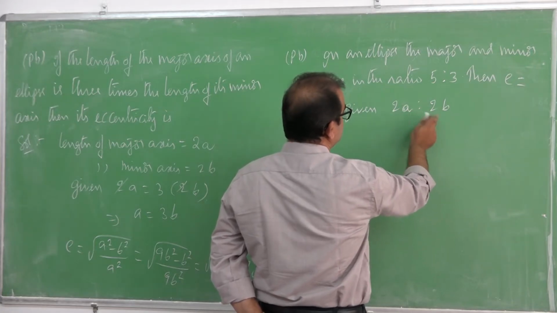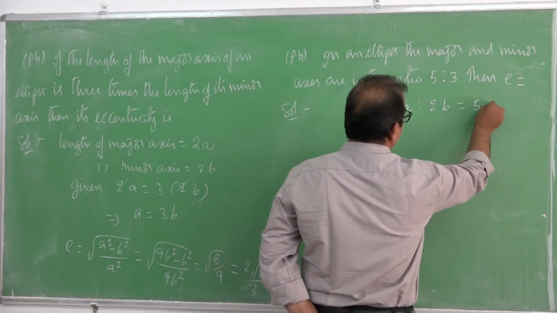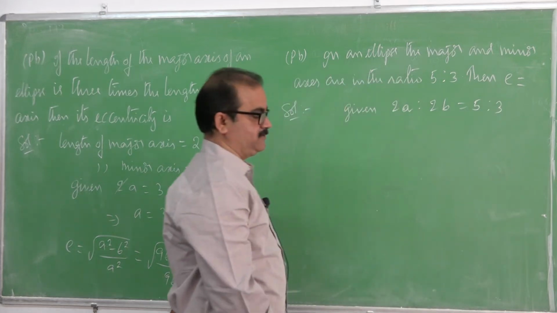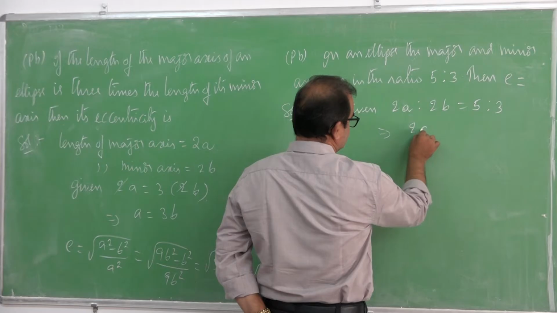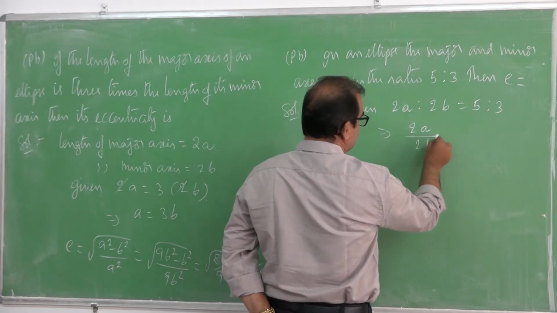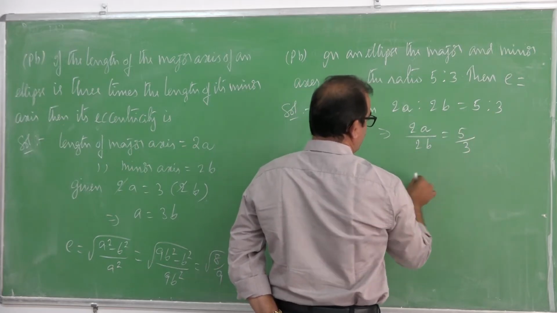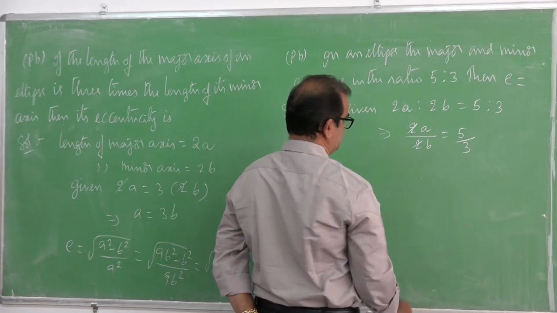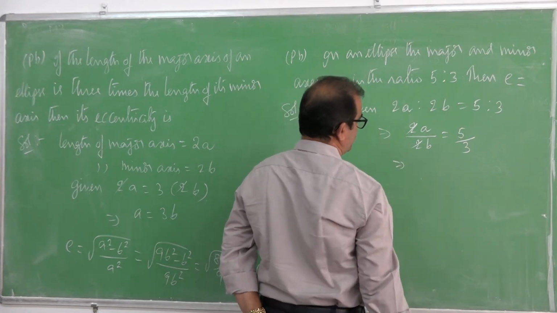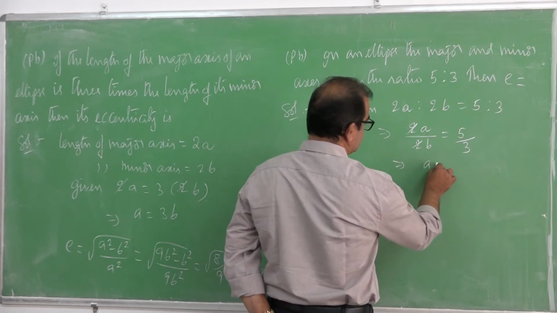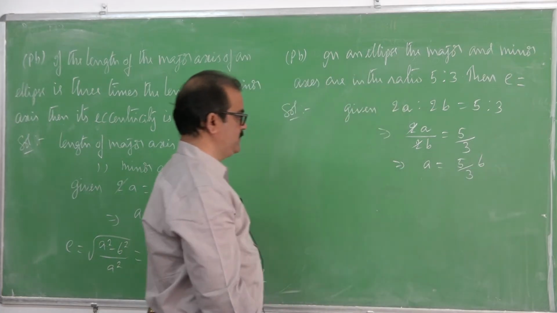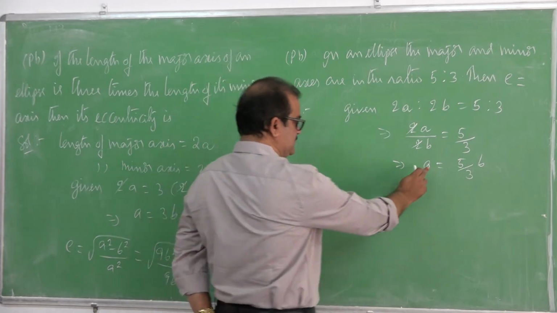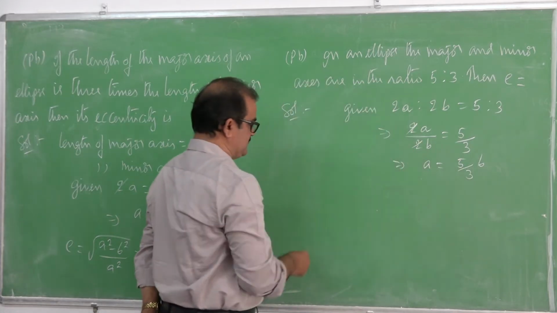Its ratio 2a is to 2b is equal to 5 is to 3. That is given. This is taken as 2a by 2b is equal to 5 by 3. 2 cancel. From this a is equal to 5 by 3 into b. By using this condition, find eccentricity.